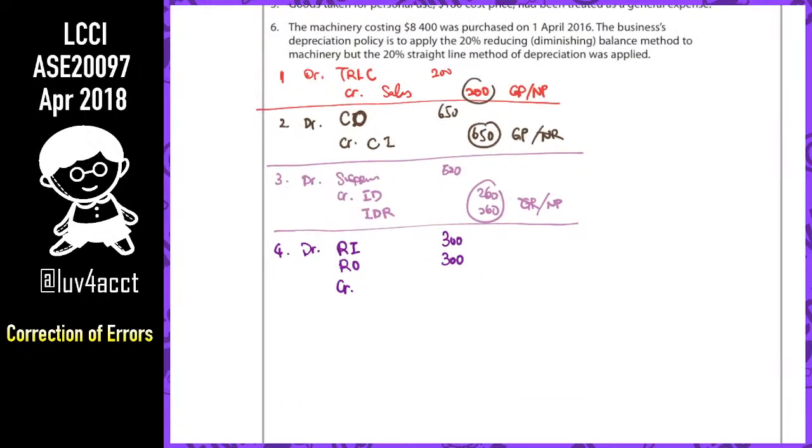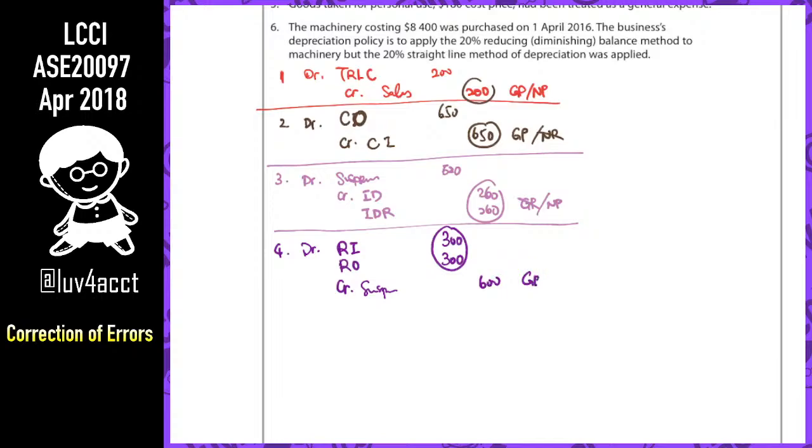So credit suspense again, 600. Returns in and returns out are both in the trading section, and here we have debiting.